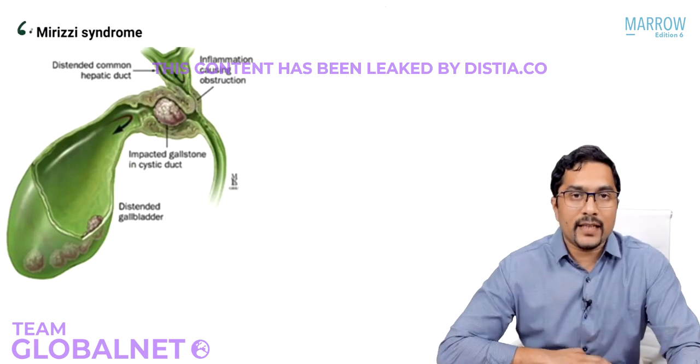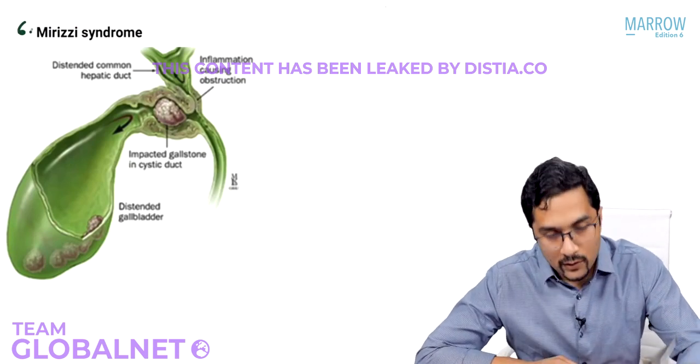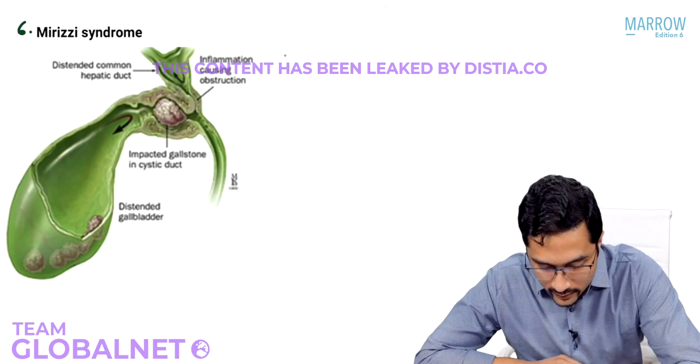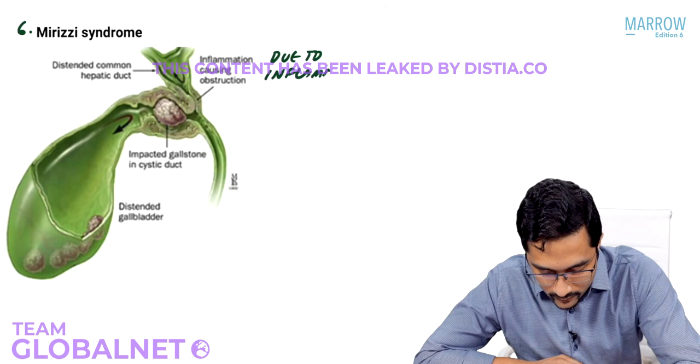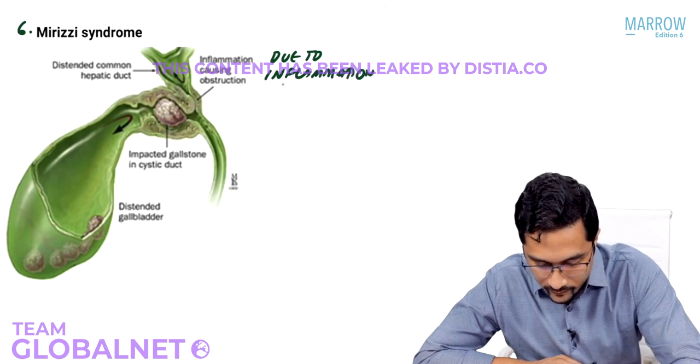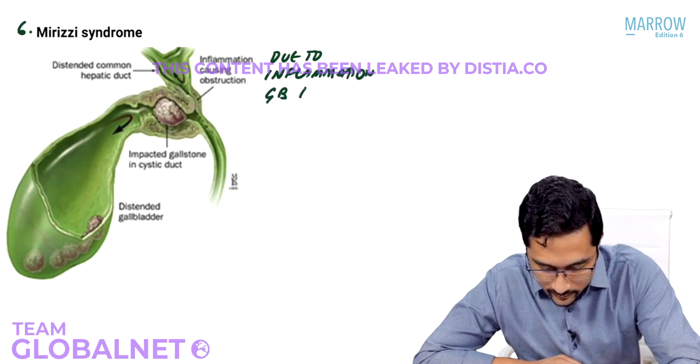The next presentation of gallstones is Mirizi's syndrome. So this is the sixth presentation, Mirizi's syndrome. Now in Mirizi's syndrome, what happens? Due to inflammation, gallbladder becomes adherent to the CBD.